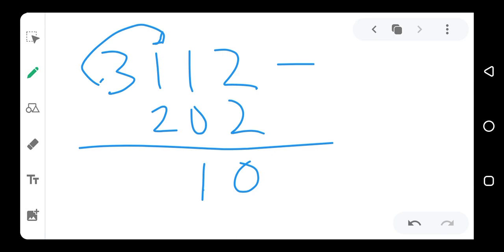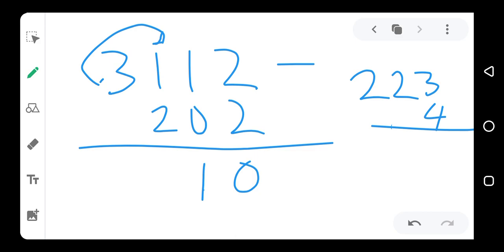Just like when we are adding or subtracting in base 10. If you have something like 2, 2, 3 minus 4, if this is in base 10, 3 minus 4, we cannot do it.